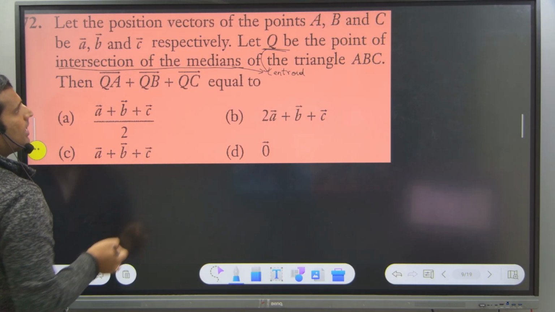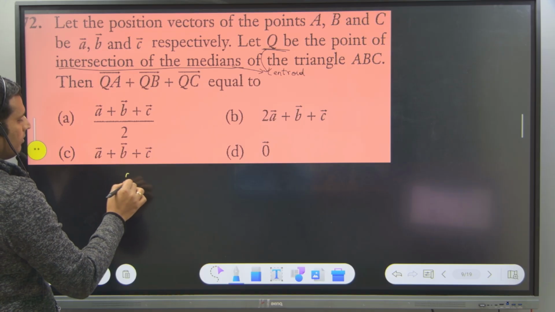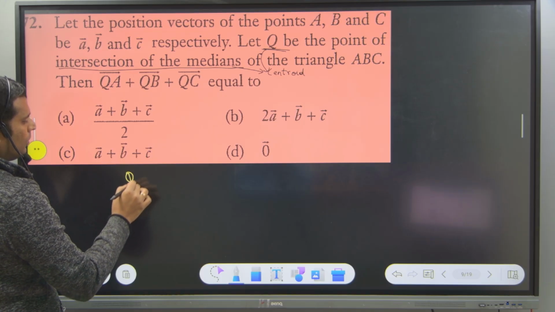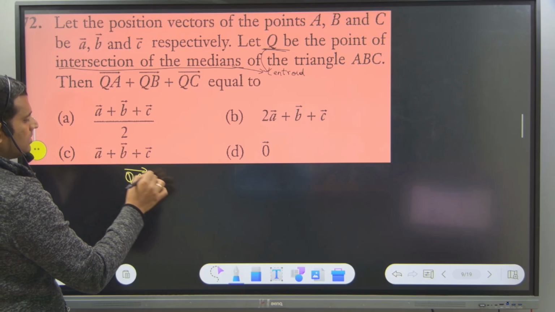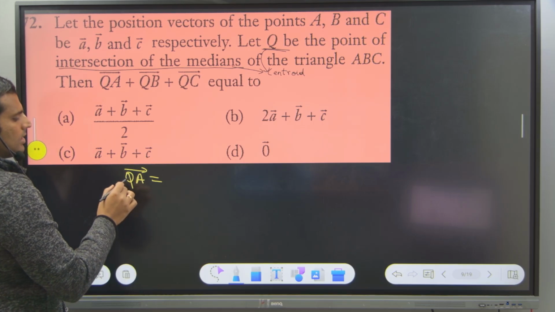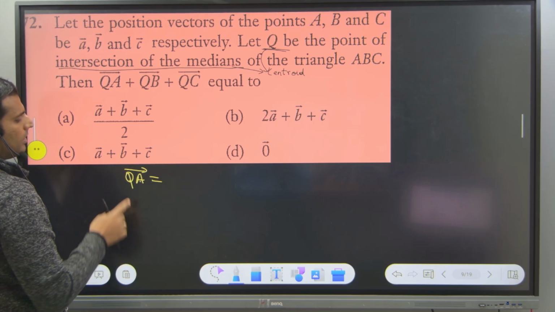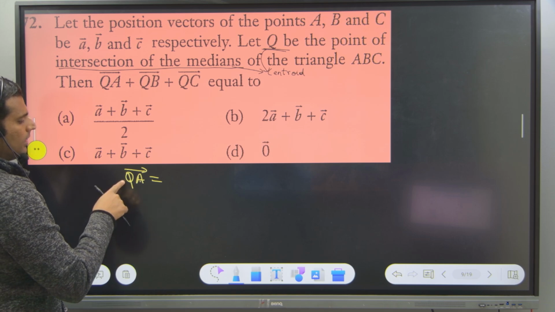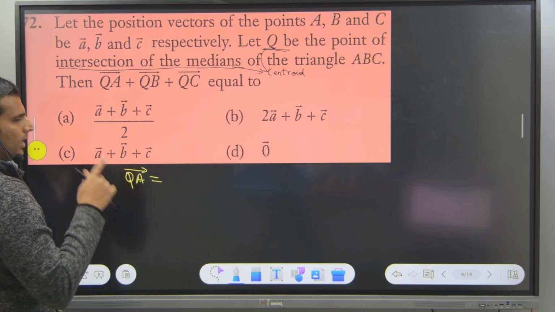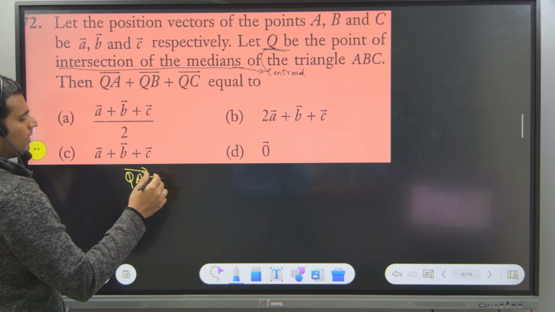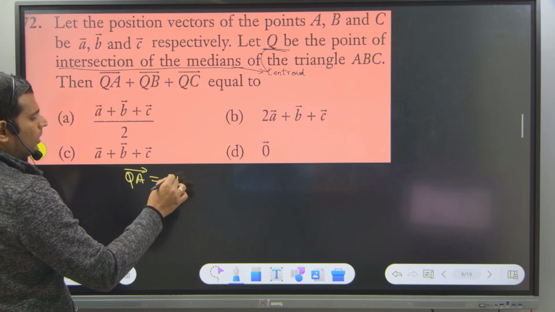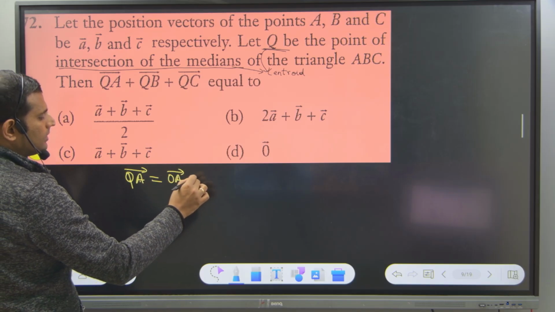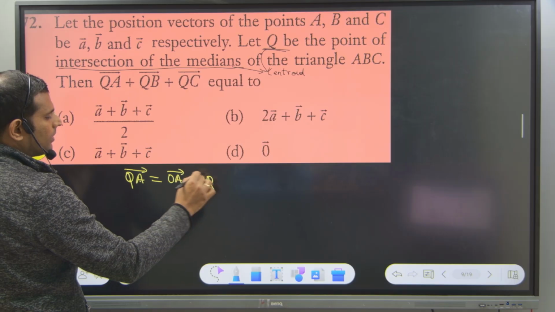In the last class I told you, in vector QA, which is the initial point, which is the final point? Q is initial, A is final. I told you vector QA can be written as final point minus initial point.